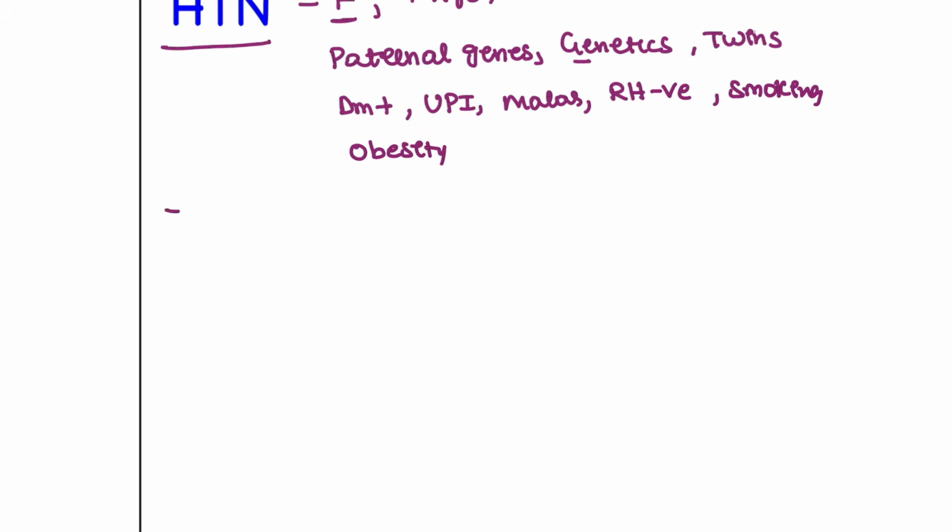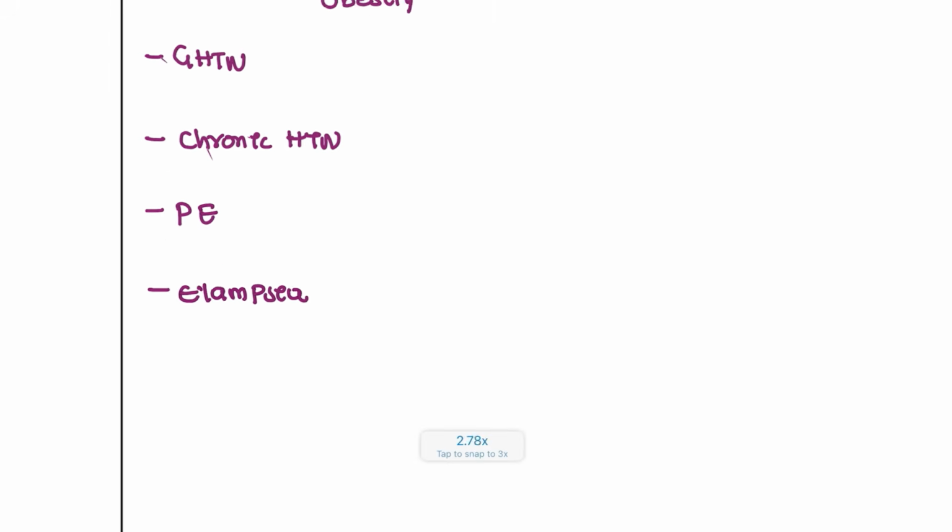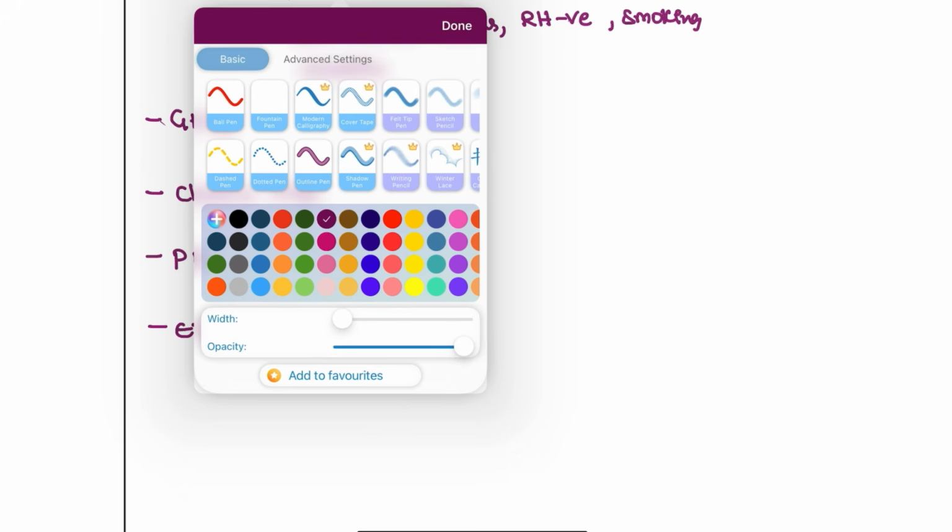Hypertension is divided into gestational hypertension and chronic hypertension, and we also have pre-eclampsia and eclampsia. All these conditions are asked about. What are the definitions?